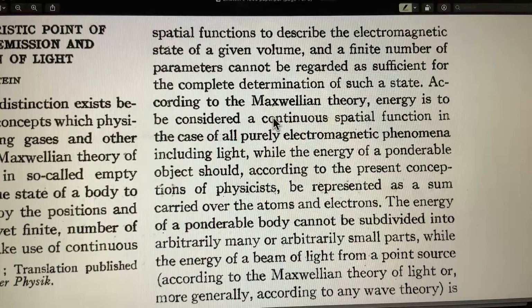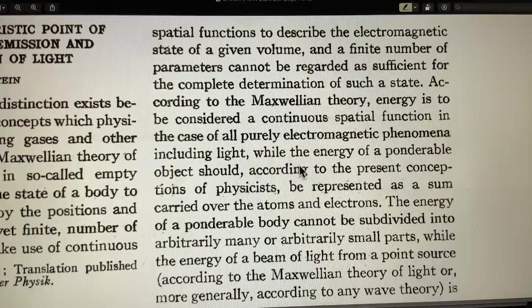In Maxwell's electrodynamics, light or electromagnetic radiation is a continuous spatial function in the case of all purely electromagnetic phenomena including light. So light is considered as a wave, spread over continuously in space. So there is no discreteness.